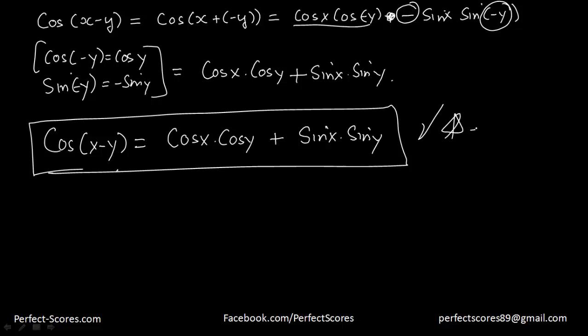Now let's say we want to find out another expression, that is the value of cos of 90 minus x. I'm just calling this 90 degrees. So cos of 90 minus x, or it can also be called cos of pi by 2 minus x. We know that cos of x minus y is equal to cos x cos y plus sin x sin y. So that is going to be cos 90 cos x plus sin 90 sin x.